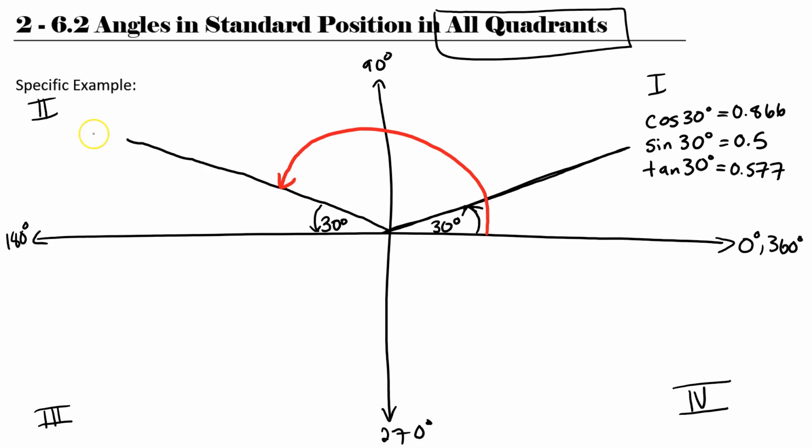That means this angle would not be 30, but 180 minus that 30 chunk, so this is going to be 150 degrees. I want you to look at your calculator and find out the cosine of 150, the sine of 150, and the tan of 150.